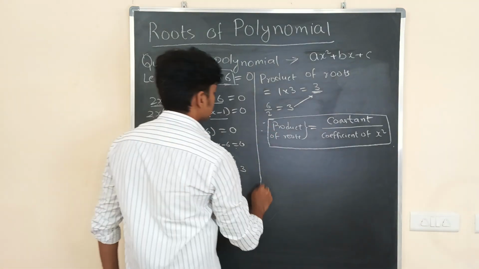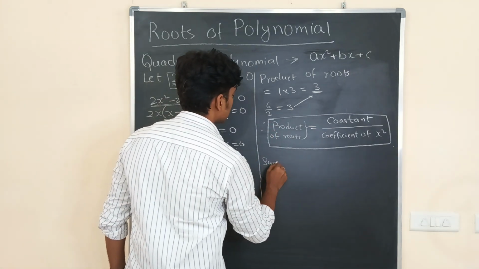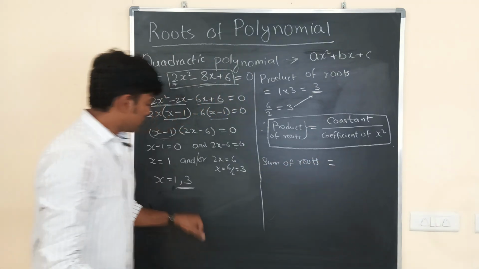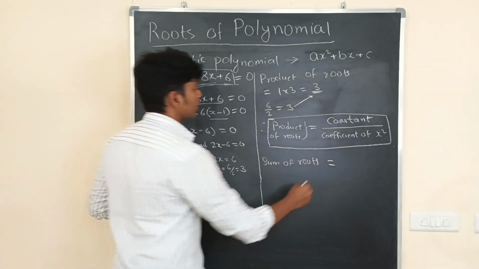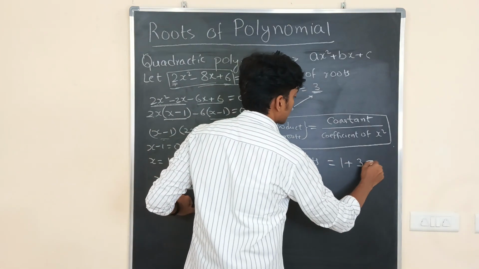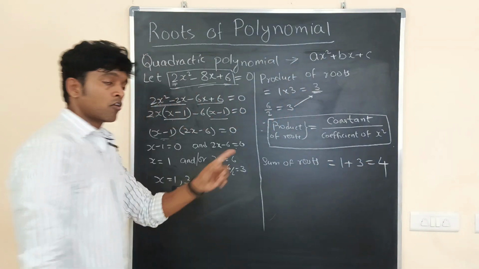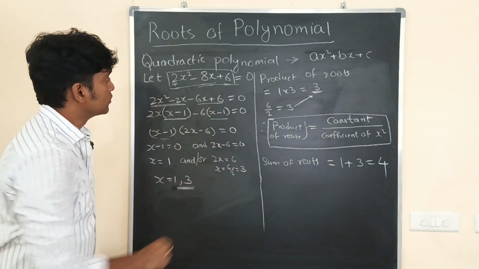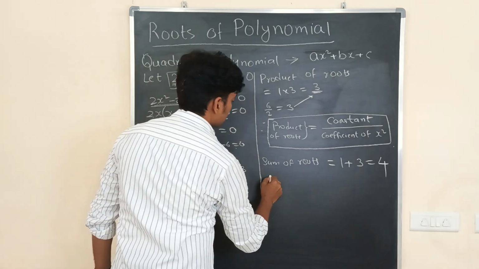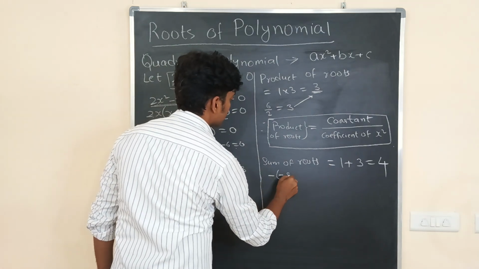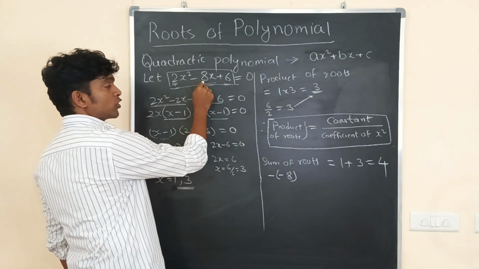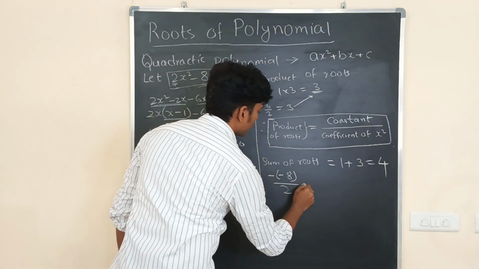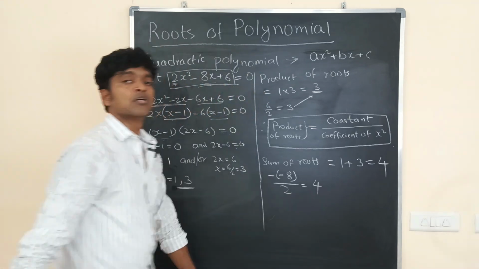Now, sum of the roots is equal to, roots are 1 and 3, so 1 plus 3, that is 4. Now observe. When will you get the 4 from this equation? Take minus of minus 8, the coefficient of x, divided by 2, that is 4.